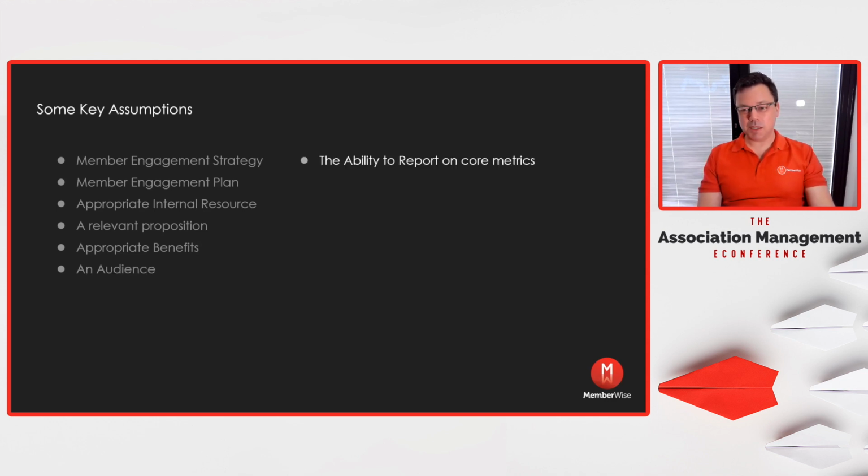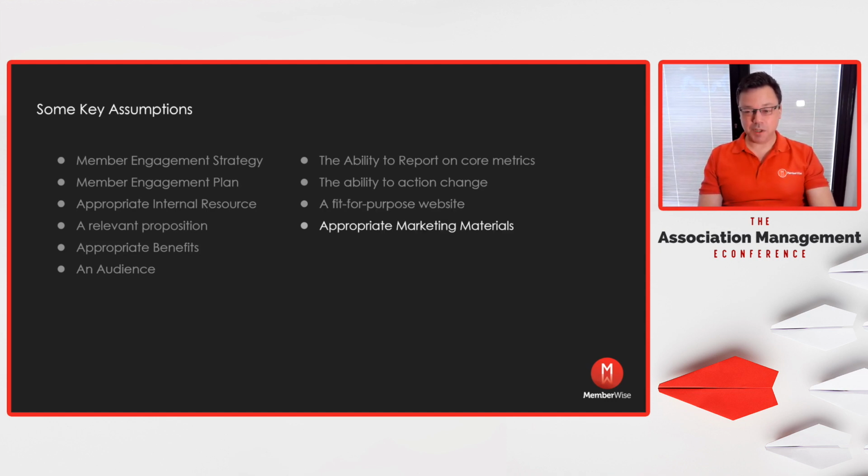And also the ability to report on core metrics back to the organisation so that you can track growth as you go. There needs to be an ability to action change as well. So you need to have the authority to be able to improve and develop membership related content. There also needs to be a fit for purpose website. And surprisingly, that wasn't the case even up to a few years ago.